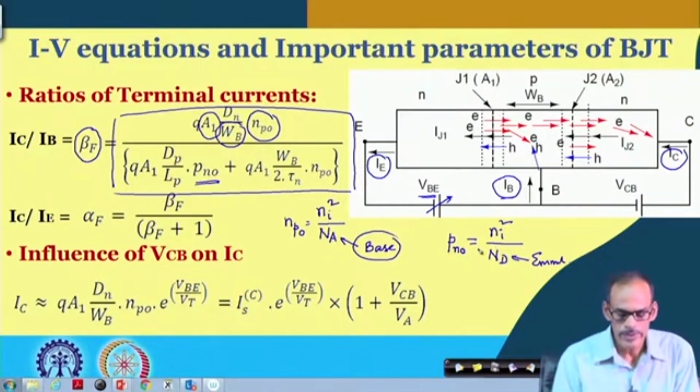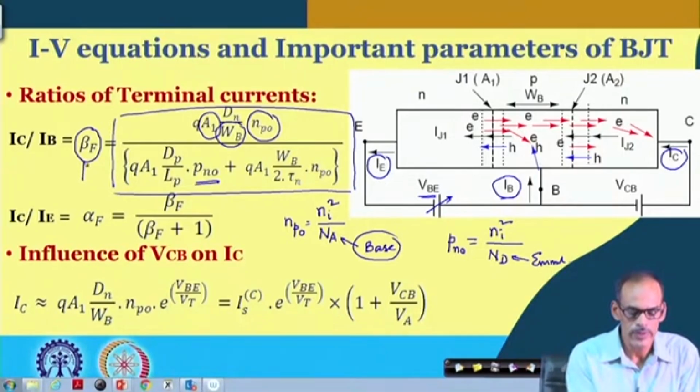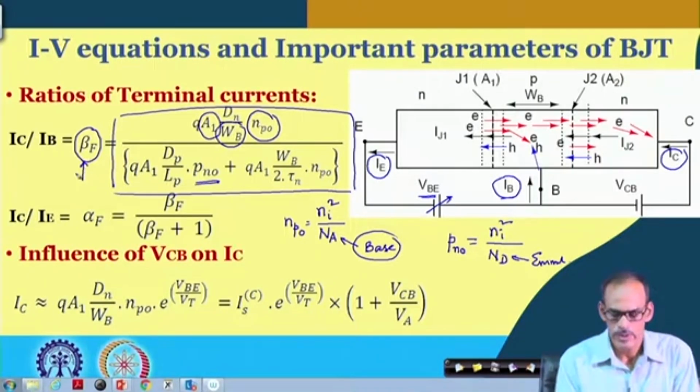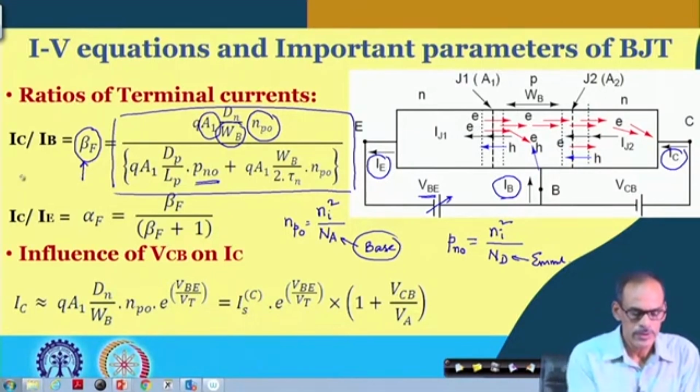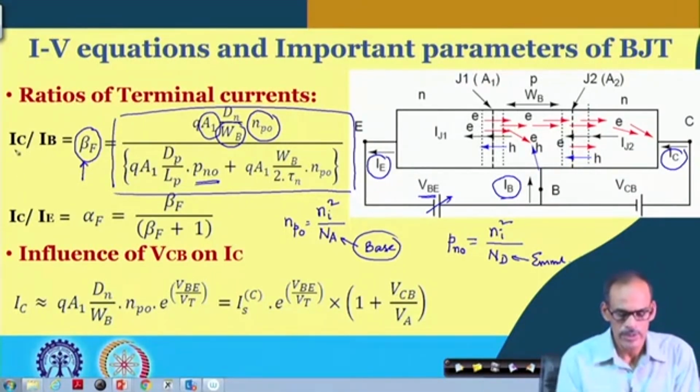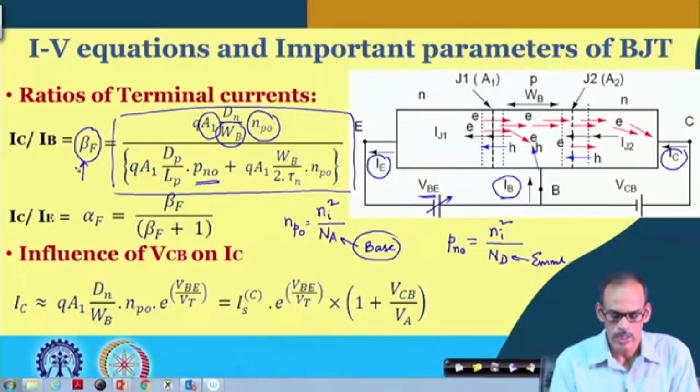Whatever it is, if we are looking for a device which works as a good amplifier, we would like this base to collector current gain beta to be as high as possible, and this equation reflects how we can make this beta high.